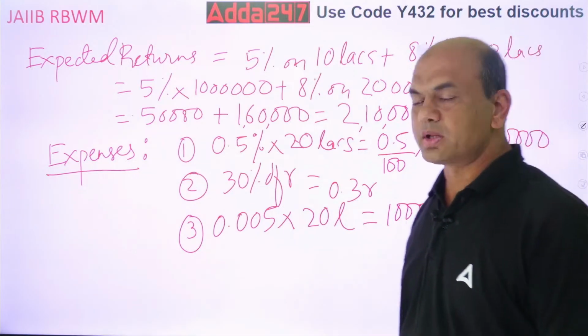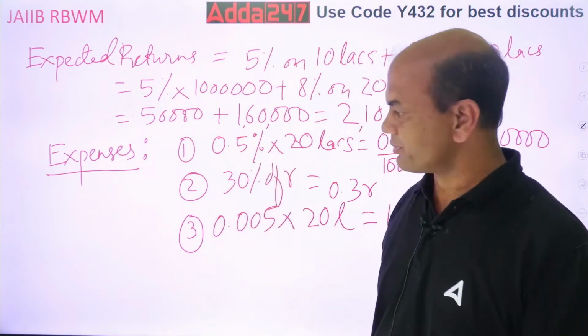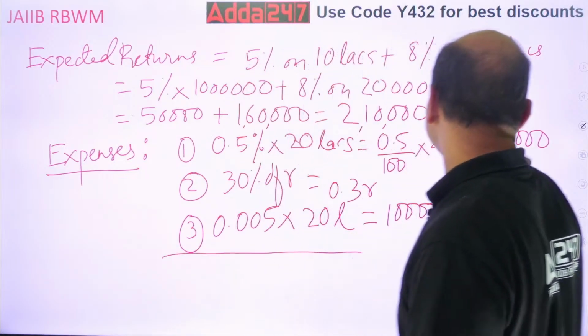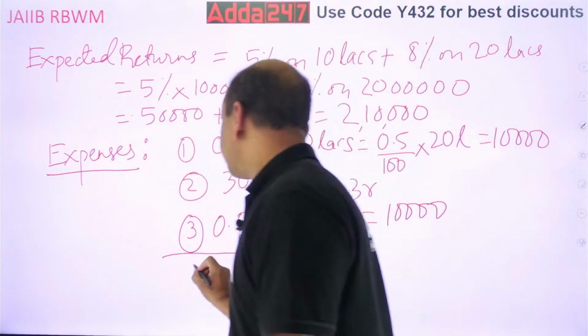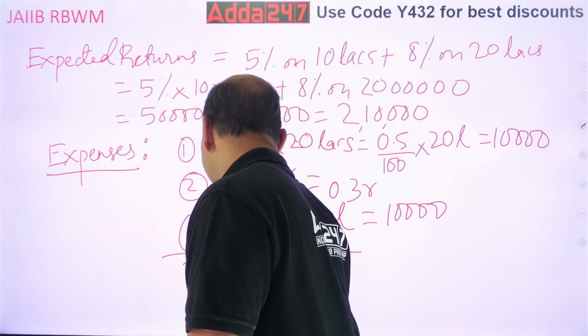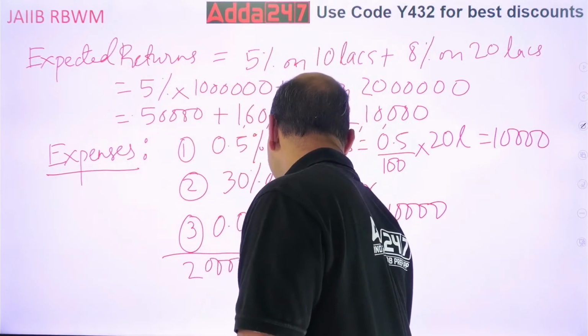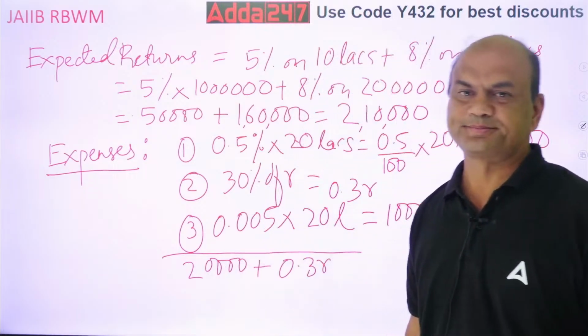So what are the total expenses then? Total of all these: 10,000 plus 10,000, 20,000, plus 0.3 into R. This is your total expense.